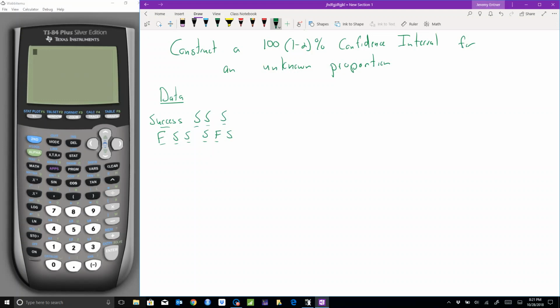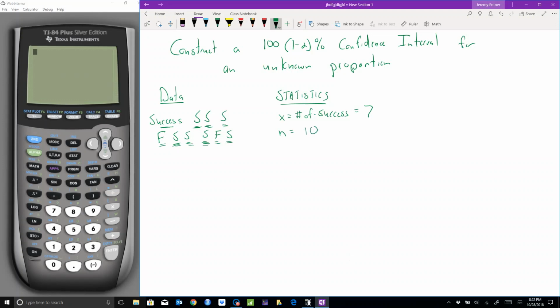Or you'll be given some summary statistics. Right? And what those will look like is either you'll be given an X, which is a number of successes, which in this case is 1, 2, 3, 4, 5, 6, 7. And you'll be given a sample size, which in this case is 10.